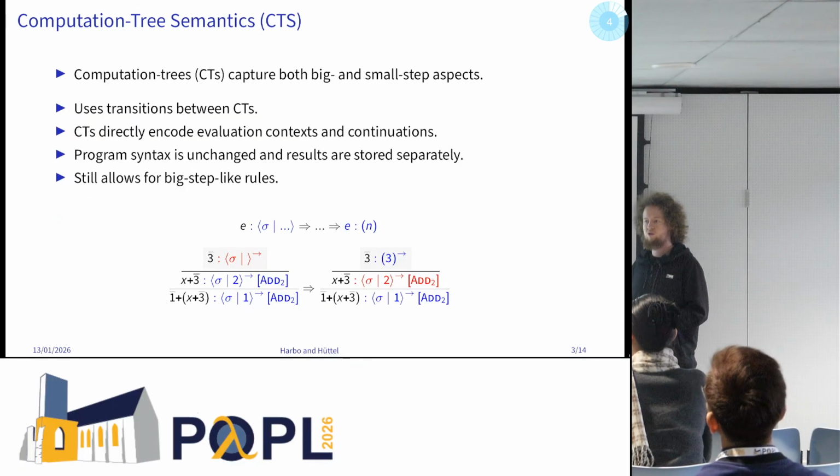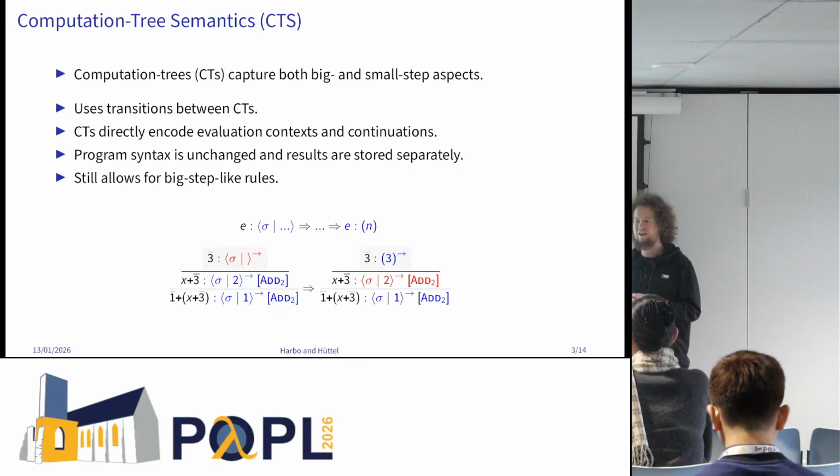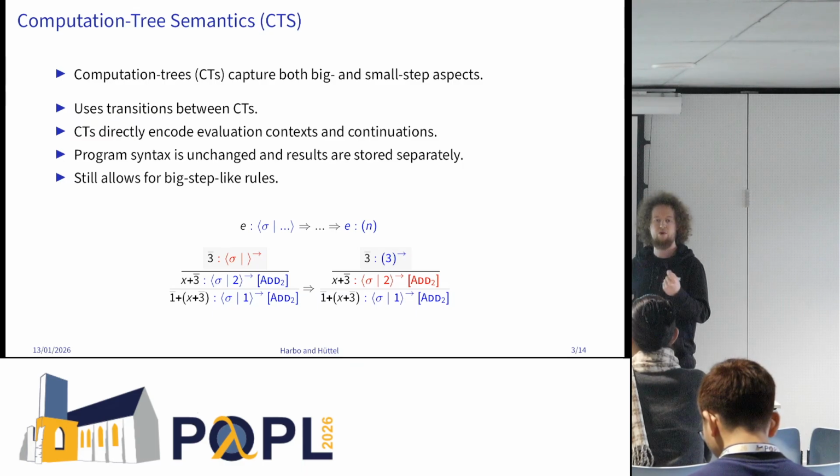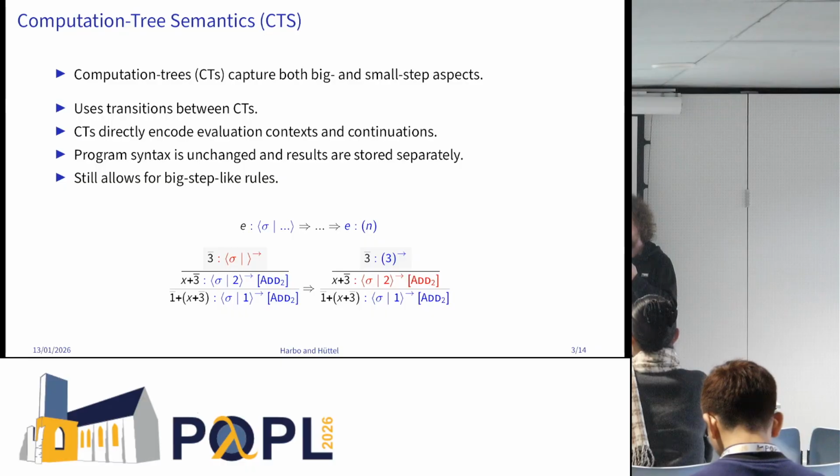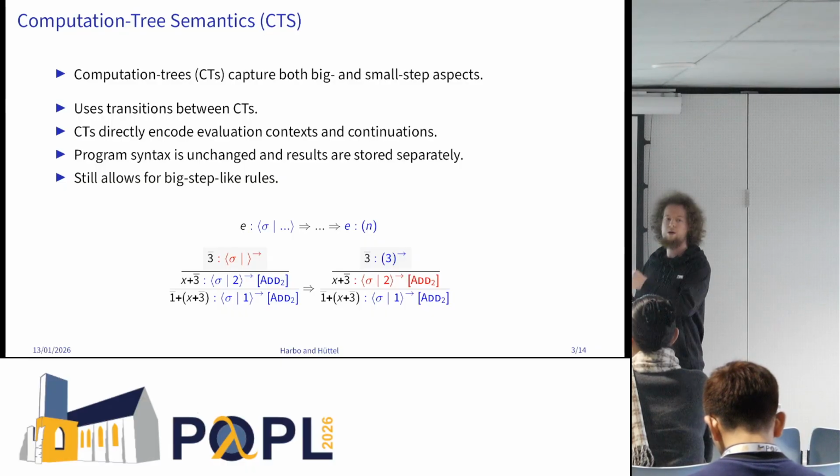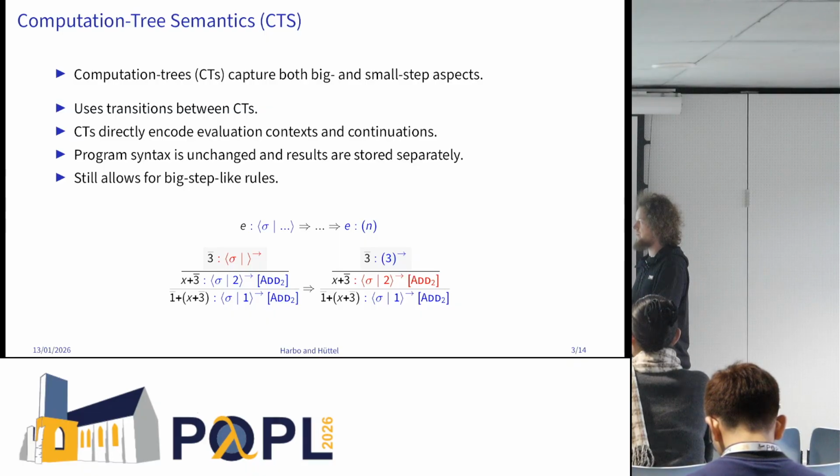With computation-tree semantics, however, we take a slightly different approach and try to capture as much as possible of both the big and small step aspects of a semantics, thus giving us the best of both worlds, but without the need for converting from one style to the other.